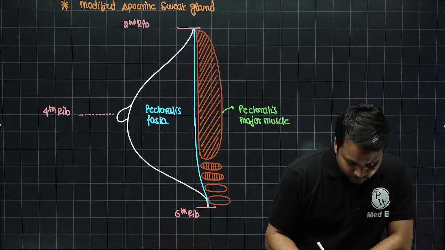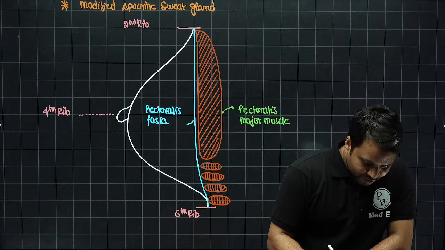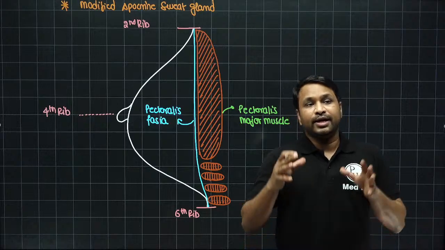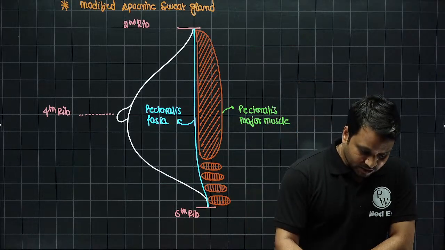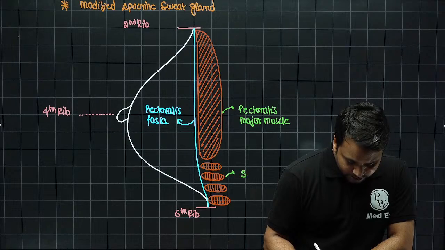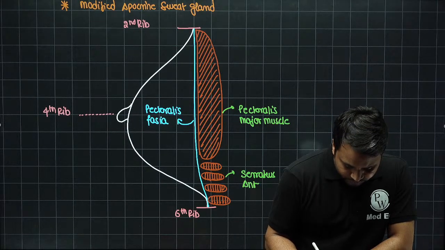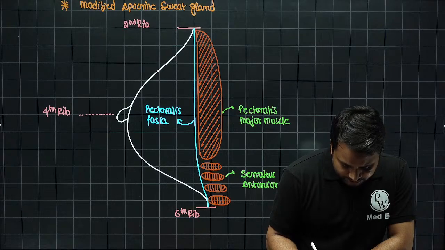So if you look very carefully, certain things are very clearly placed. This pectoralis fascia rests upon two distinctive muscles. One is your pectoralis major. The other is the serratus anterior group of muscle.